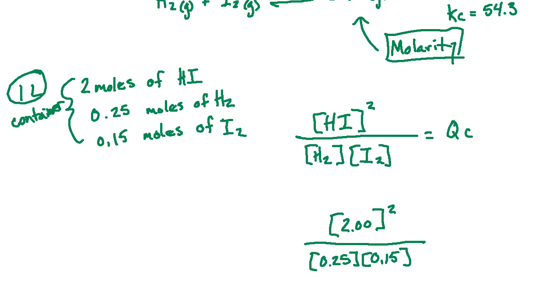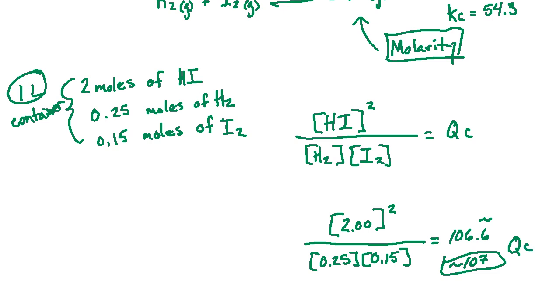So if you take a look at this and you were to calculate it, you would have 2 squared at the top, and then you would follow through with the rest of this, and it would equal 106.6 repeating. So approximately it's going to equal 107, right? So that's the value of Qc at this given point in time based on the concentrations.